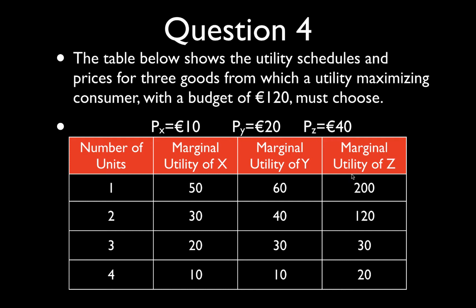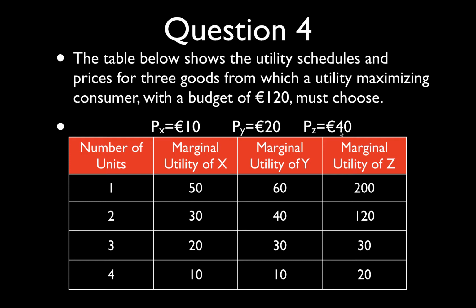So just looking at these without the price, you'd say, oh, he's just pretty much going to choose mostly good Z, because at least at the start the marginal utilities are way higher. But you have to understand what you're doing here. It's about value for money. It's about utility per euro spent, in this case marginal utility per euro spent.